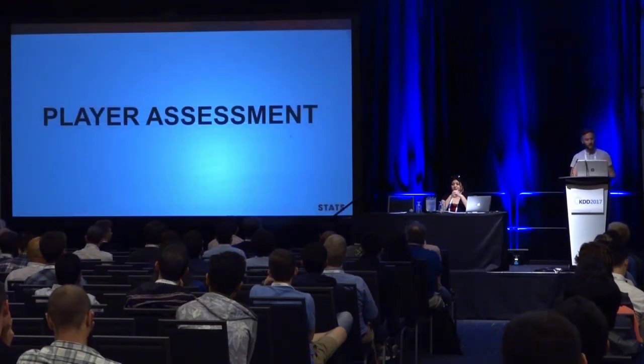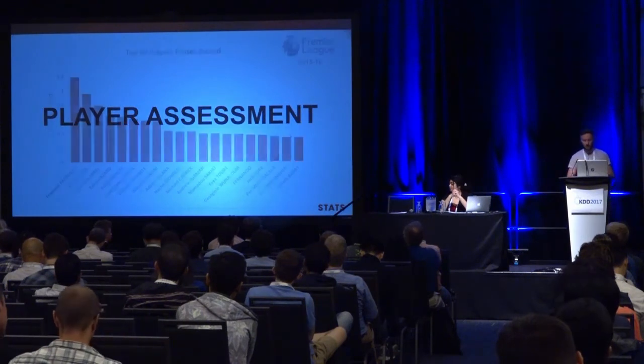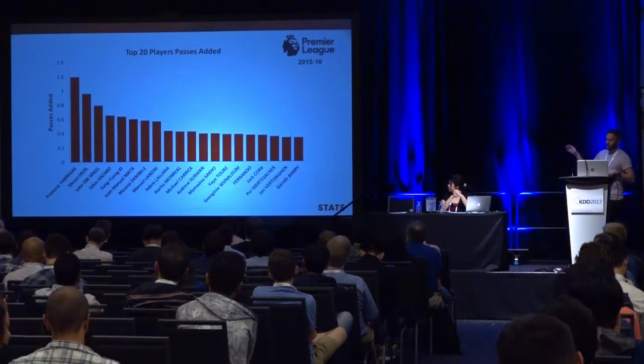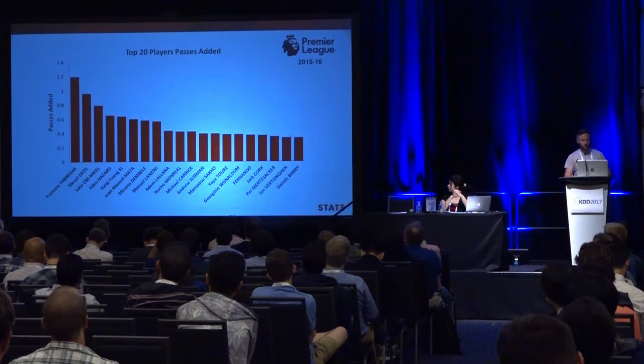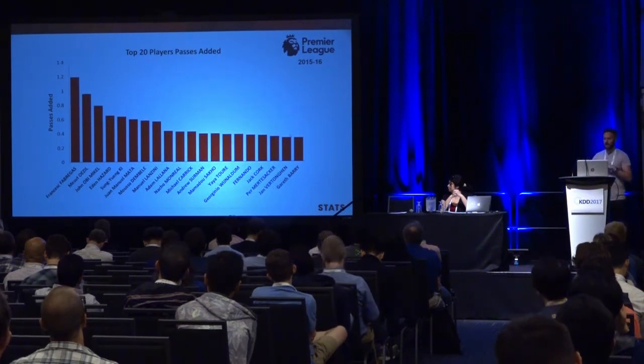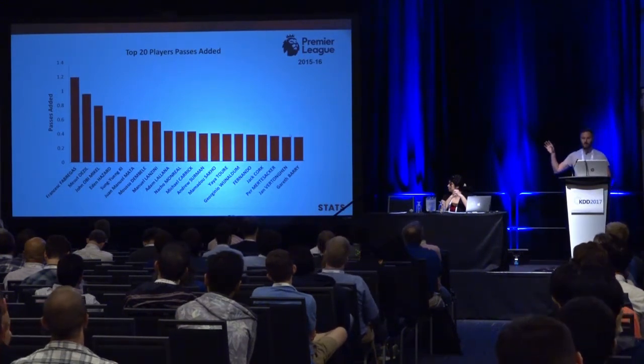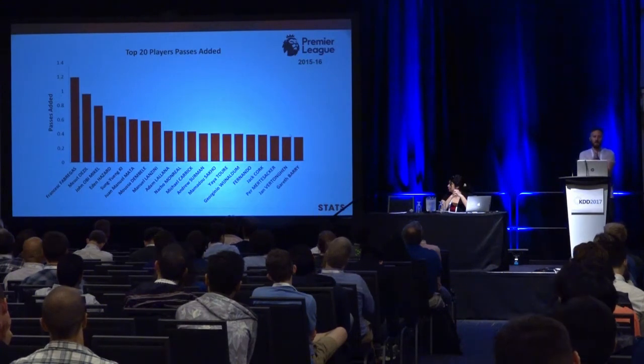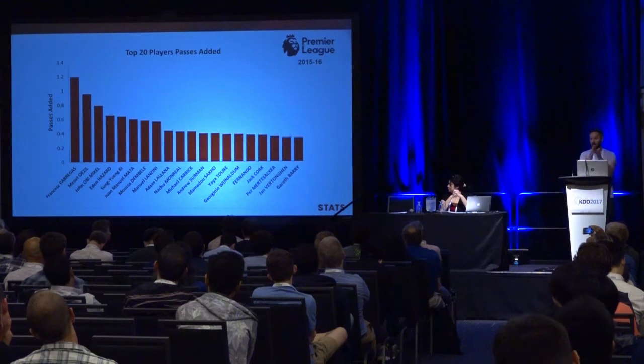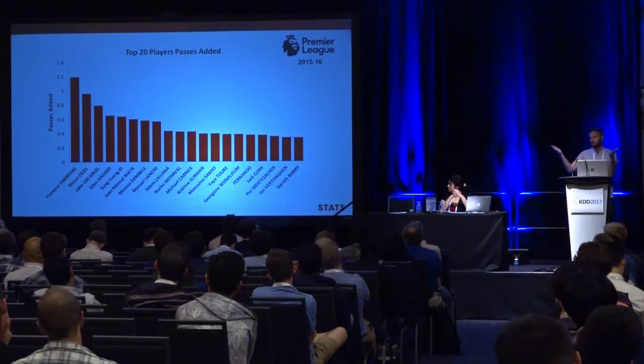So once we've done that, we can aggregate these values together and assess the players. These are from the 2015-16 season, the top 20 passers in the league. What we do is we look at passes added. For example, if I have a pass that's got a 50% chance of being completed, and I complete it, I get 0.5 added onto my score. Simple as that.